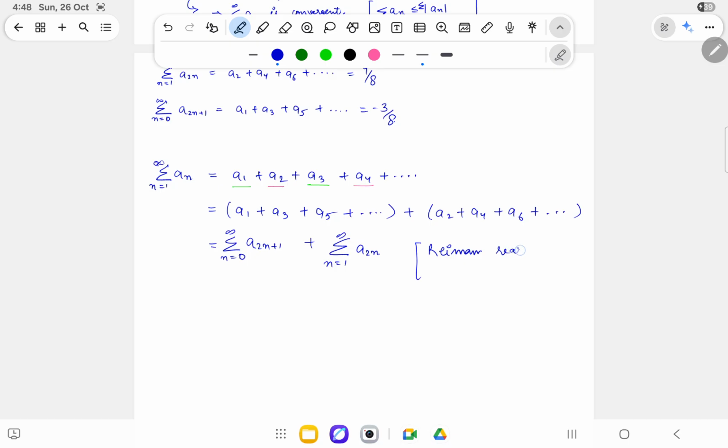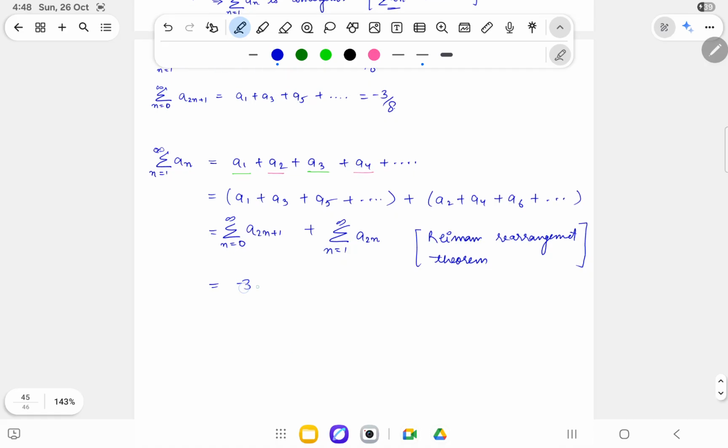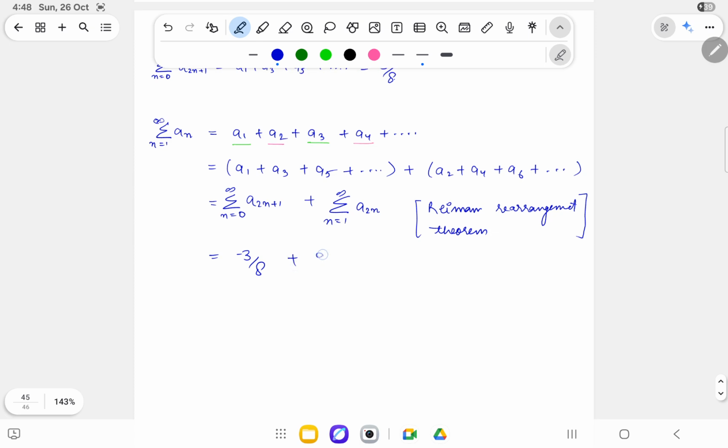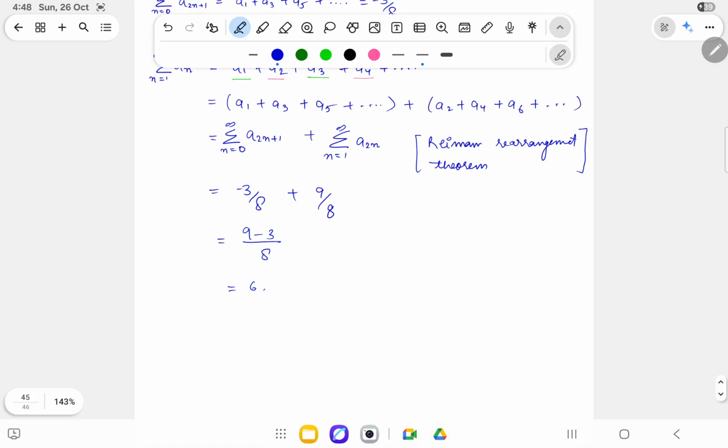We'll see the proof of this theorem in this video itself. Since this sum is given to me as minus 3 by 8 and this sum is given as 9 by 8, the sum of the series is minus 3 by 8 plus 9 by 8. That equals 9 minus 3 by 8, which is 6 by 8, that is equal to 3 by 4.